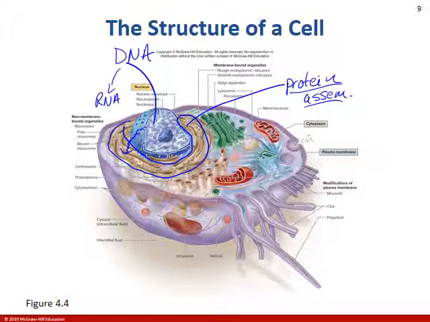Then what happens to the protein? The protein gets deposited at the Golgi apparatus, this green structure here. It gets modified and packaged and folded, and then we ship the protein somewhere out in the cell or outside of the cell, either inside or outside, via this vesicle.